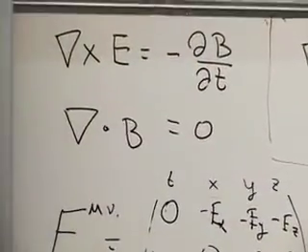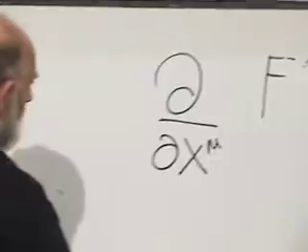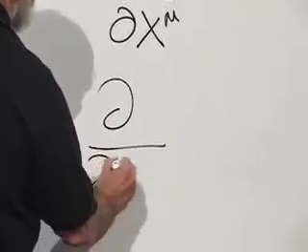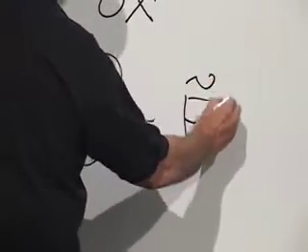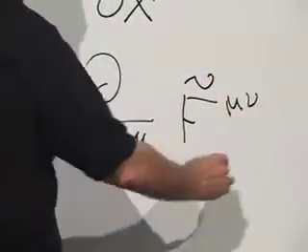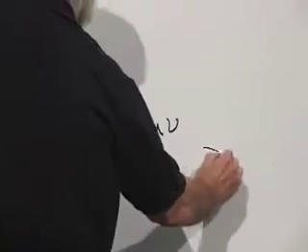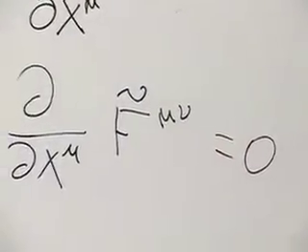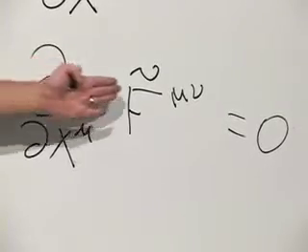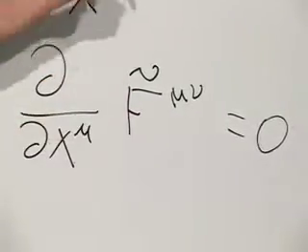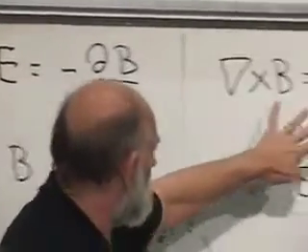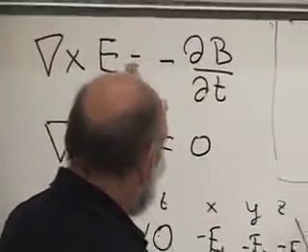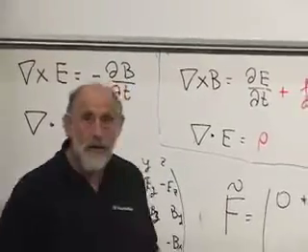Well, those have exactly the same form, except with a twiddle here. Of course they have exactly the same form. F twiddle is the same as F, except with E and B interchanged, and an extra minus sign thrown in. Well, that's exactly what's here. If you go from here to here by interchanging electric and magnetic fields with an extra sign here, the equations are the same.